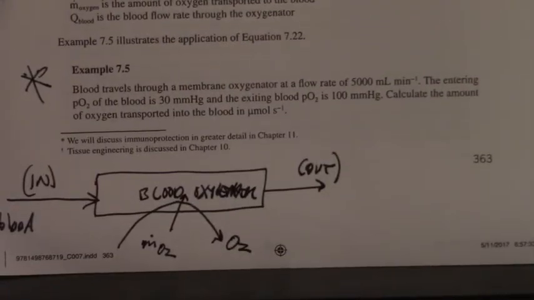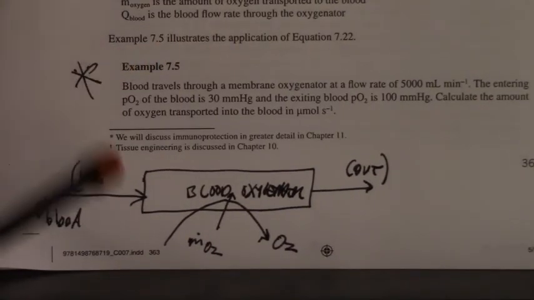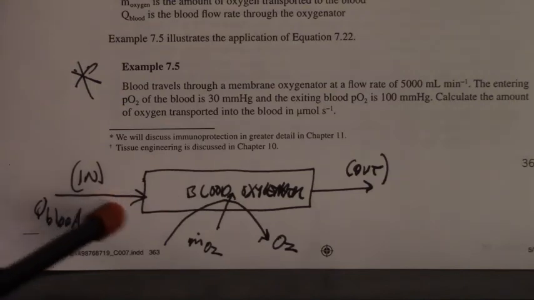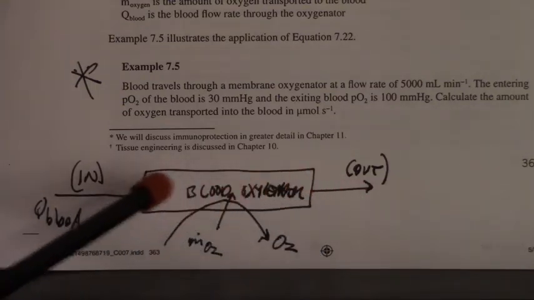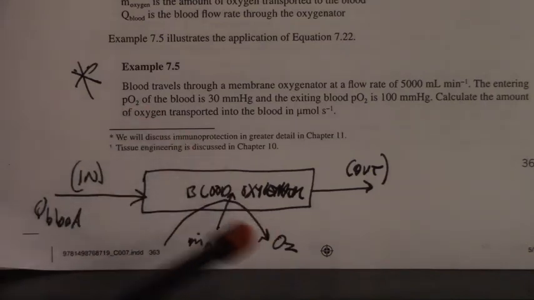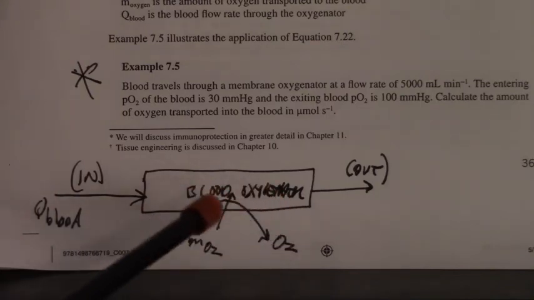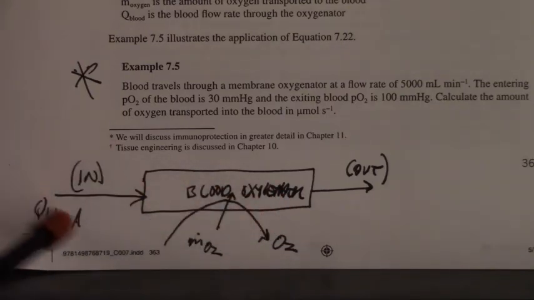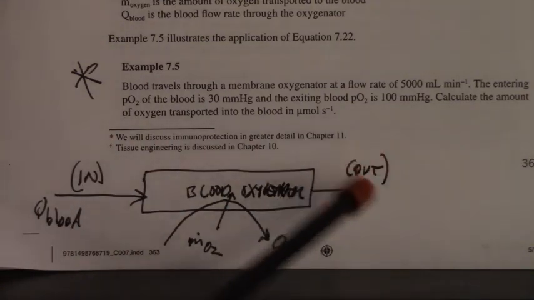So in the little drawing down here at the bottom of the page, in its simplest form, we could think of the blood oxygenator as just a box, and we would know these would contain hollow fiber membranes. The blood would be typically flowing on the outside of the fibers, and oxygen is flowing within the fibers, and the goal is to raise the PO2 of the incoming blood to a higher value over here.